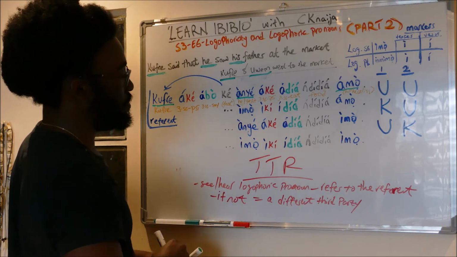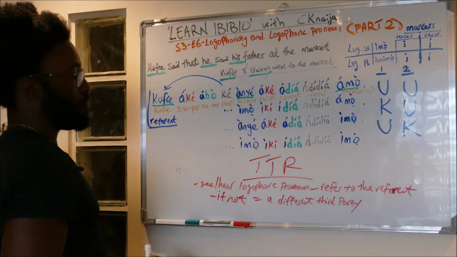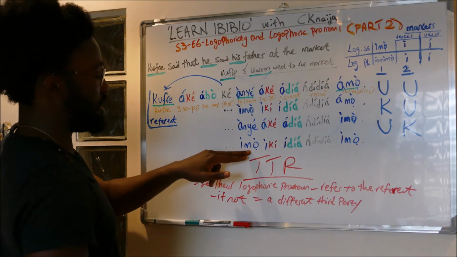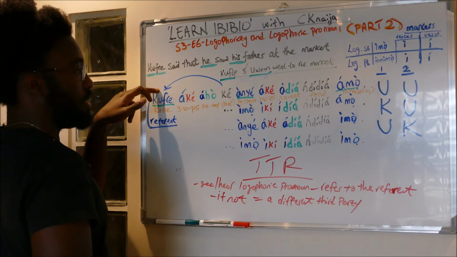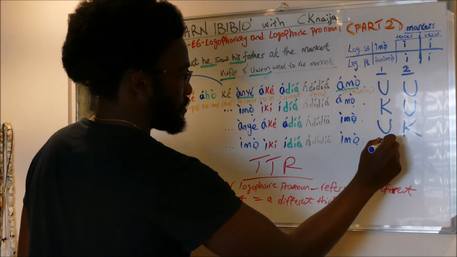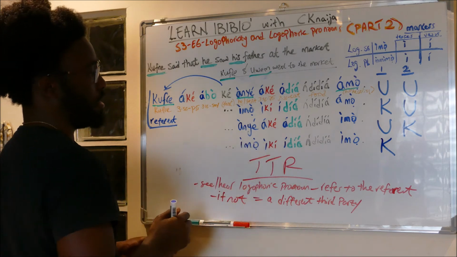One last example. Kufre keboke imo. We see the logophoric possessive pronoun. We refer immediately back to the referent, which is Kufre. So Kufre keboke imo iki.